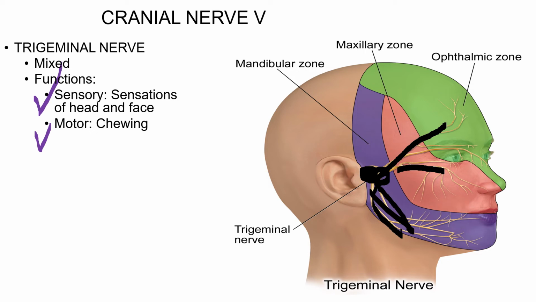But the three areas are the ophthalmic area, which supplies your forehead and eyeball region, the maxillary region, we know our maxilla bone, and then our mandibular region, we know the mandible bone. So from a sensation standpoint, this is what helps you feel your face, and as you can see, part of your head and scalp area too. Remember, you have this on the left and right side.